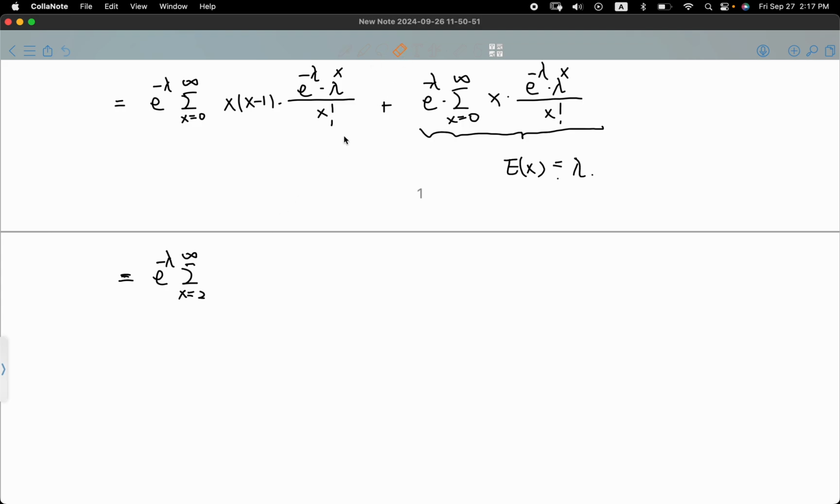Okay, so also let me leave some space here. Change the index equal to 2, from 2 to infinity. And then we also replace the denominator as x minus 2.